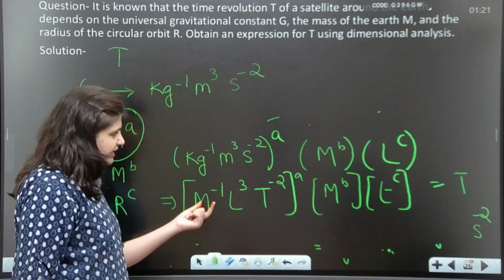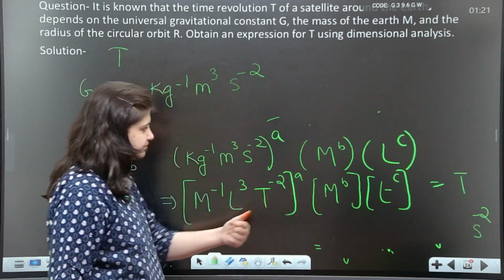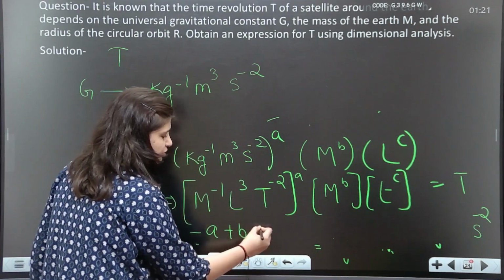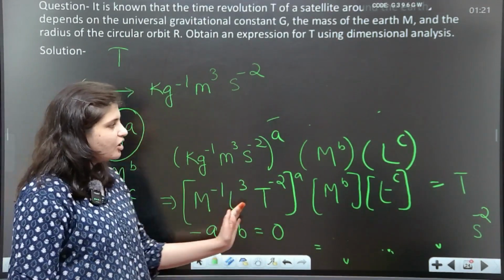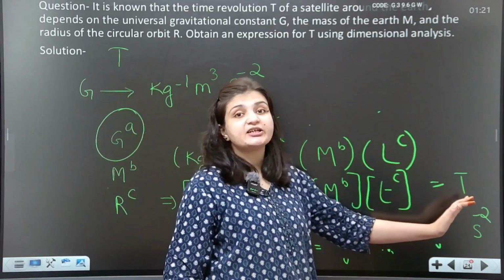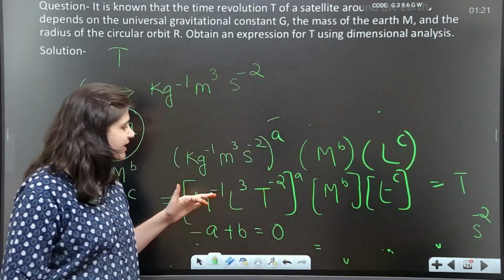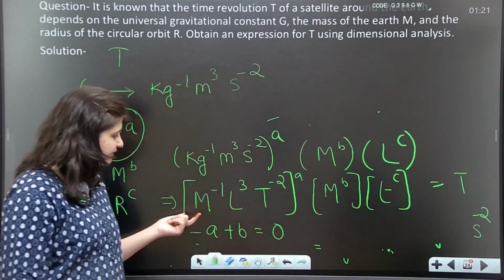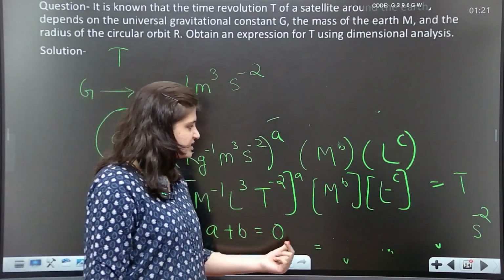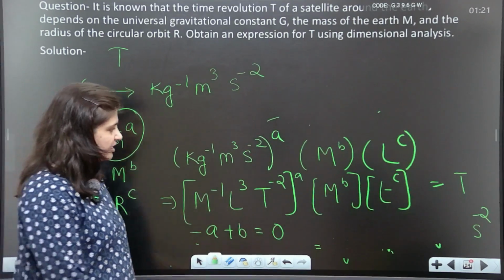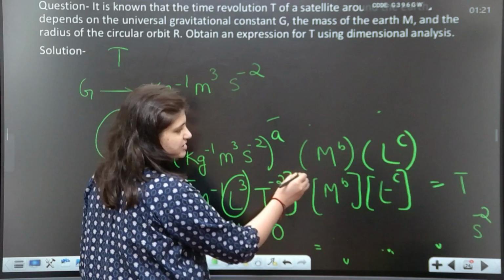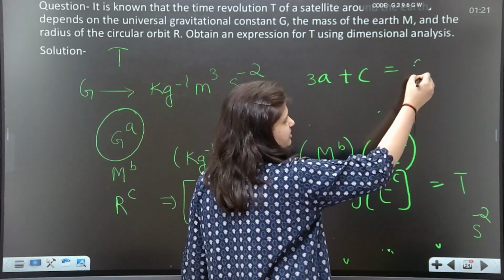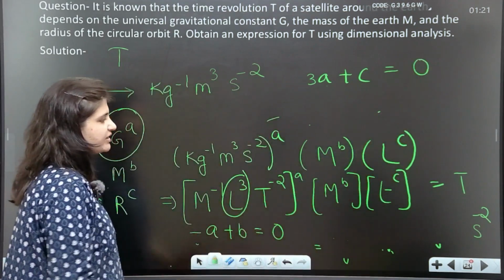Now if we compare the powers, minus a plus b is equal to 0, because on the right hand side there is no factor of mass, while on the left hand side we have mass. Then for L we have 3a plus c equal to 0, because there is no factor of L on the right.